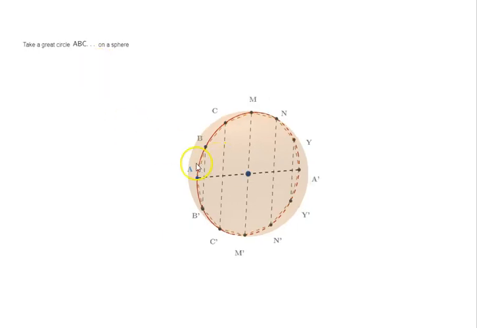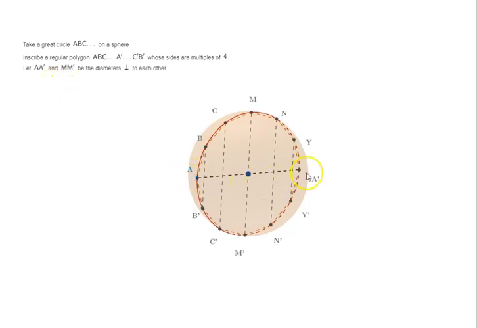Take a great circle ABC... on a sphere. Inscribe a regular polygon ABC... A', ... C'B'A, whose sides are multiples of 4. So we can have 8 sides, 12 sides, 16 sides, and so on.